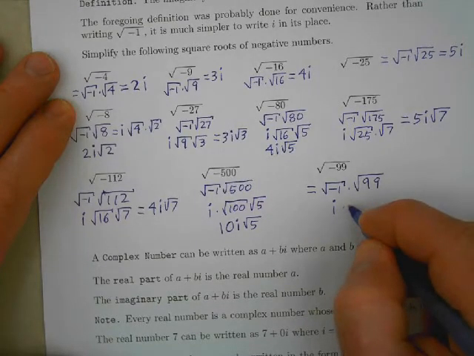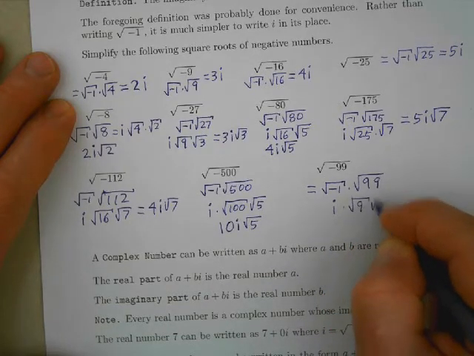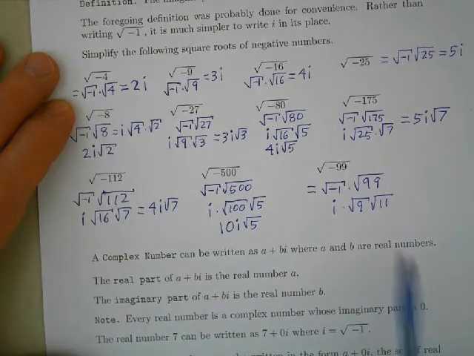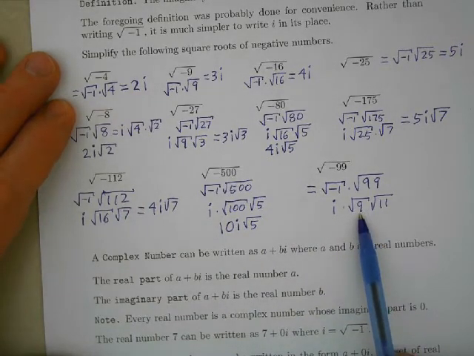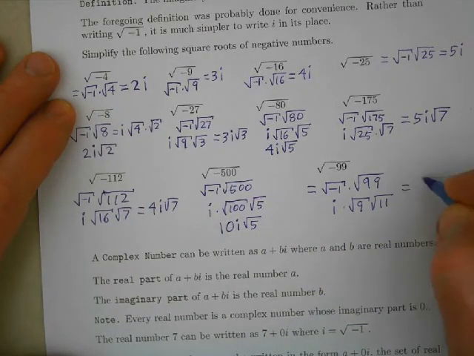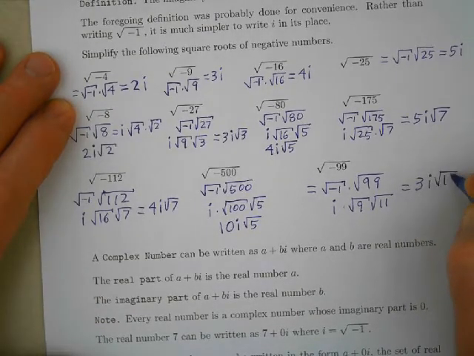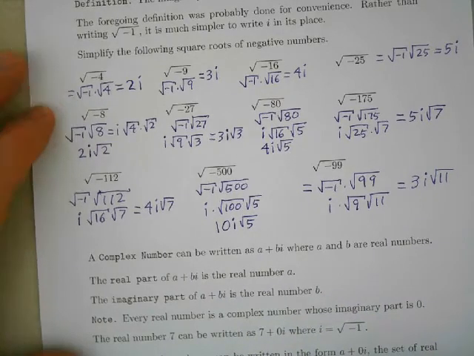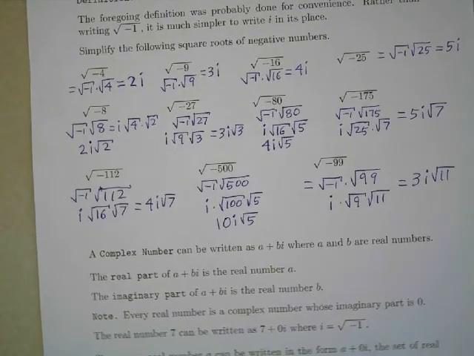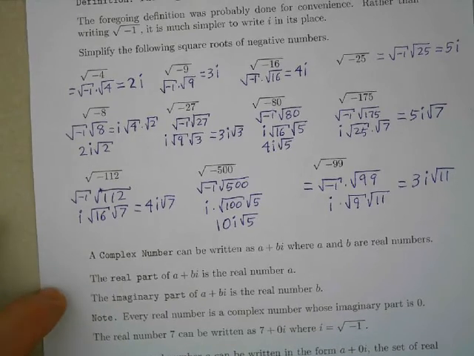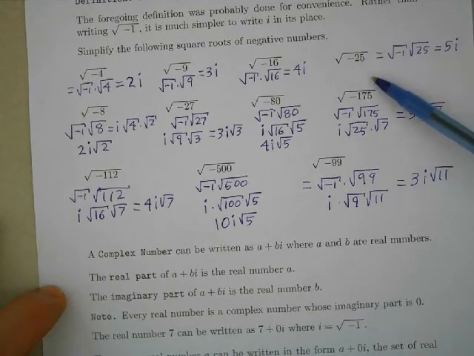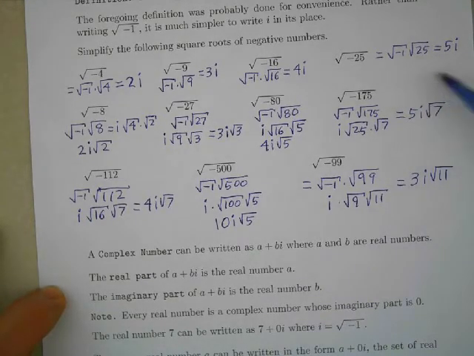So we will replace the square root of 99 with the square root of 9 times the square root of 11. And the square root of 9 is 3. So this simplifies to 3 times I times the square root of 11. So those are pretty simple. Just factor out the square root of negative 1, then simplify the square root of a positive number and replace the square root of negative 1 with I.